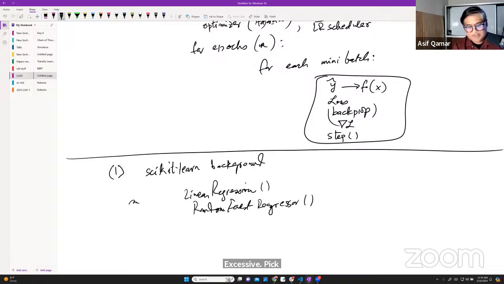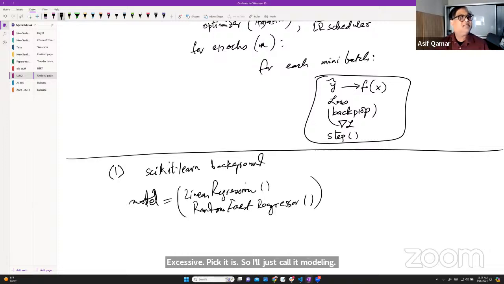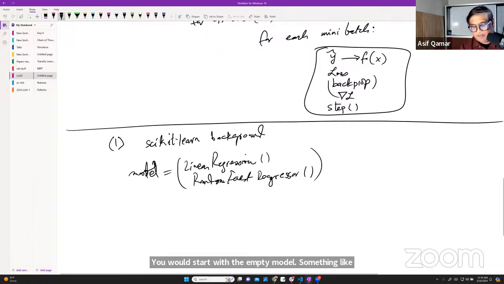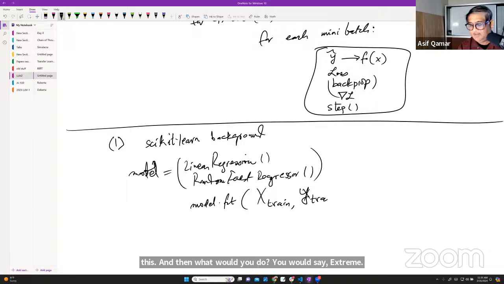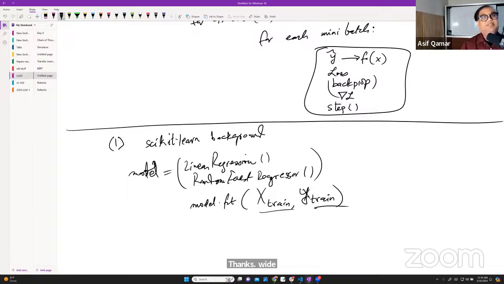Pick whichever it is. So I'll just call it model. You would start with an empty model, something like this. And then what would you do? You would say model.fit(x_train, y_train). You would give it the data and the labels.